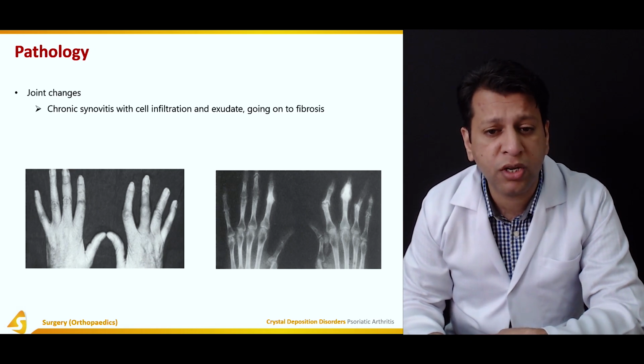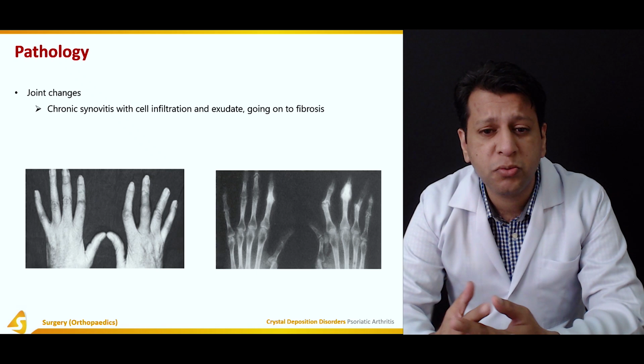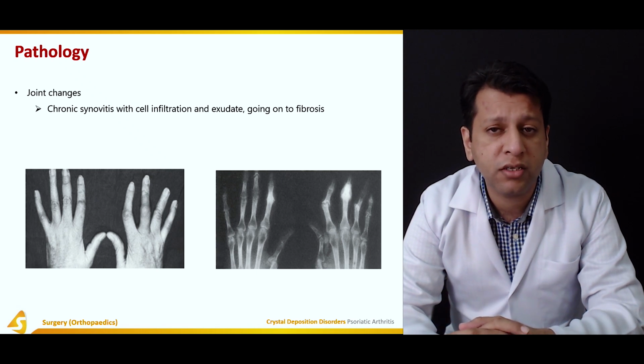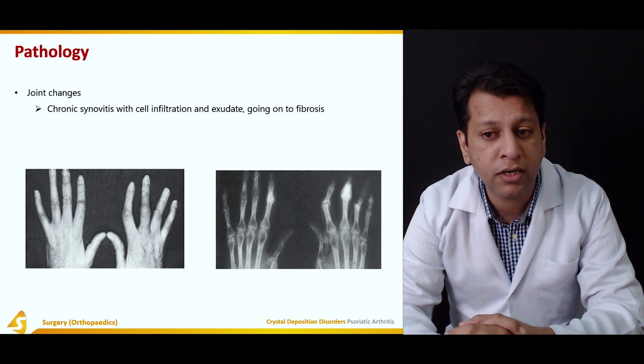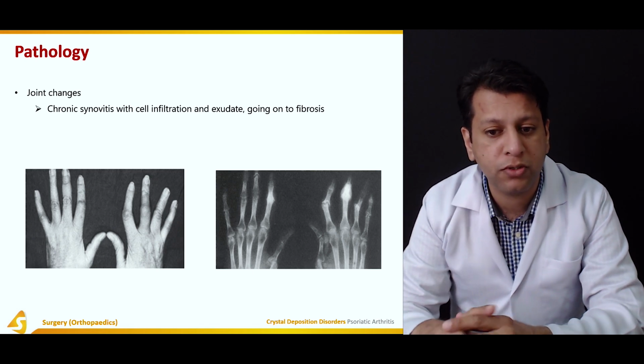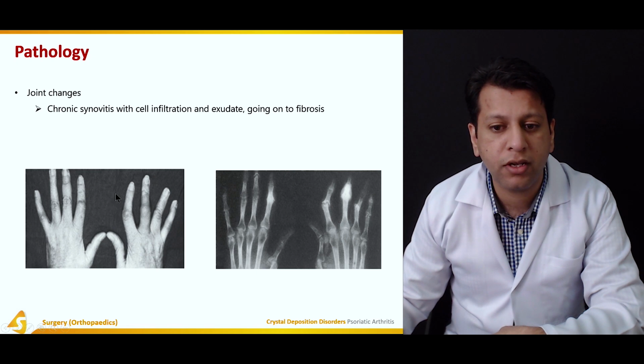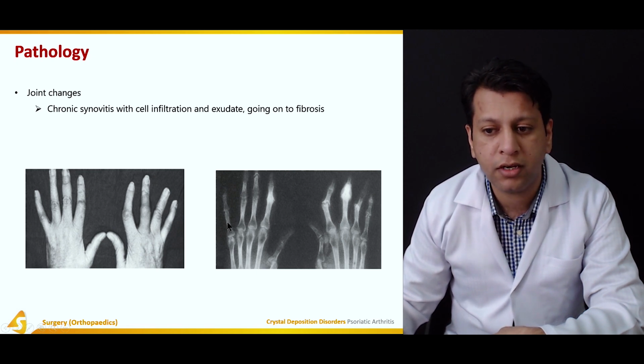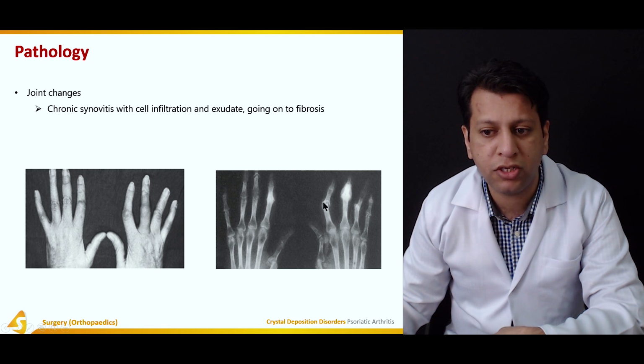Coming to the pathology, what are the joint changes which actually occur? There is chronic synovitis, increased inflammation of the synovium with cell infiltration and exudate, going on to fibrosis. Now, if you see it over here, can you see the disfigured fingers of this patient? On the X-ray there was erosion, synovitis, and swelling, and eventually the joint line has deformed.